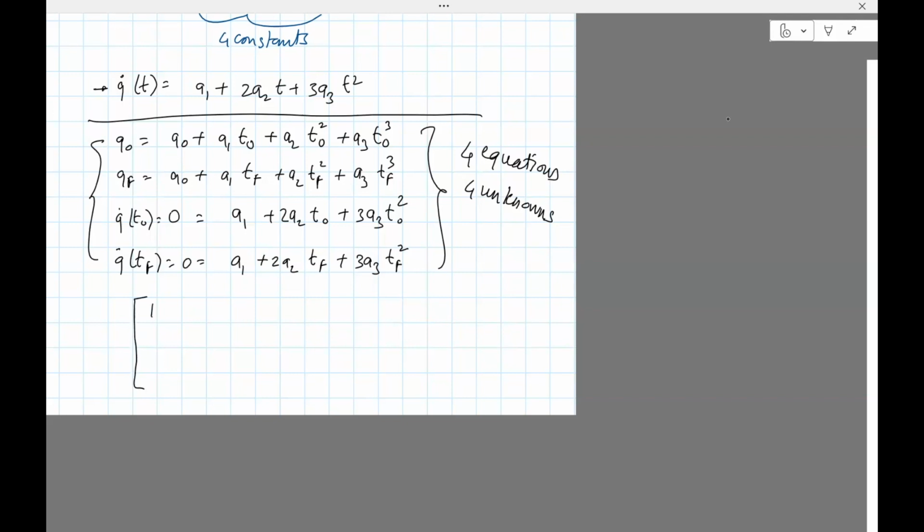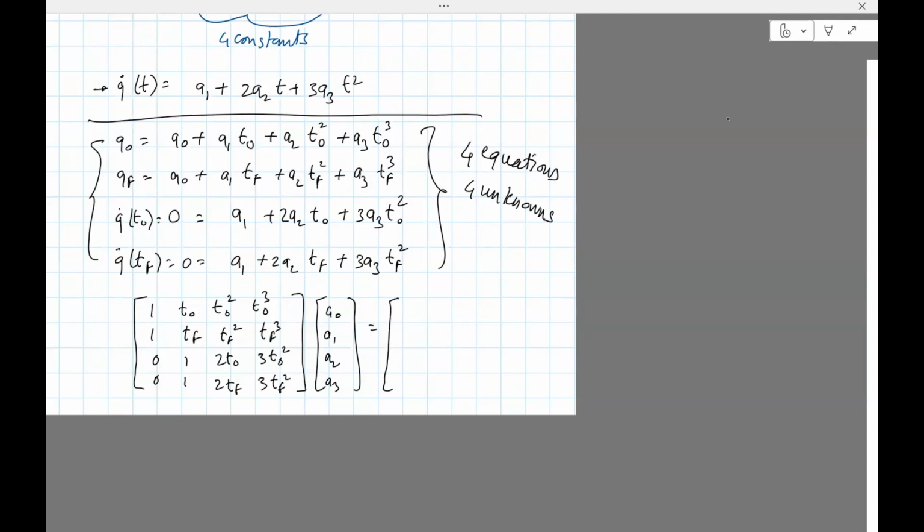So it'll be 1, t0, t0 square, t0 cube; 1, tf, tf square, tf cube; 0, 1, twice t0, 3 times t0 square; 0, 1, twice tf, 3 times tf square; then a0, a1, a2, a3.